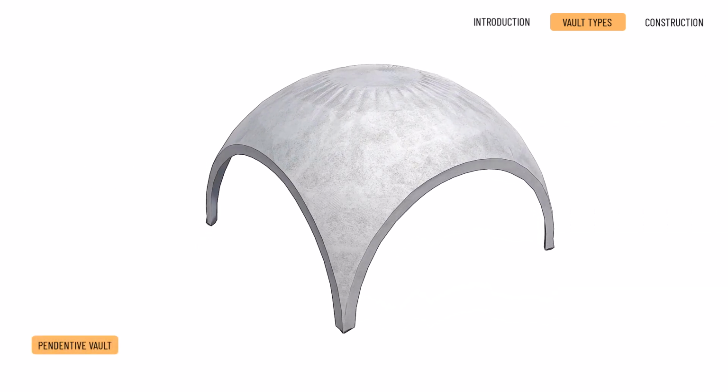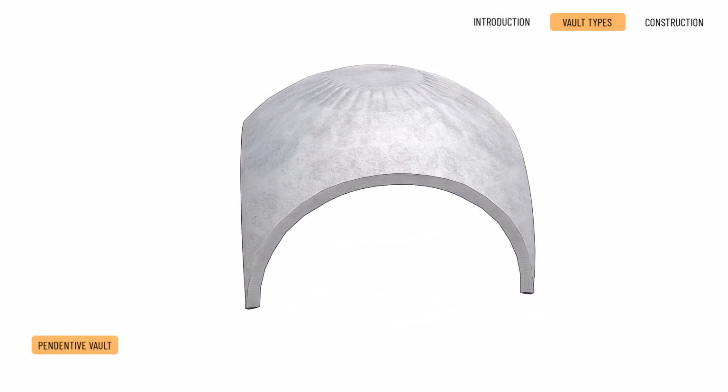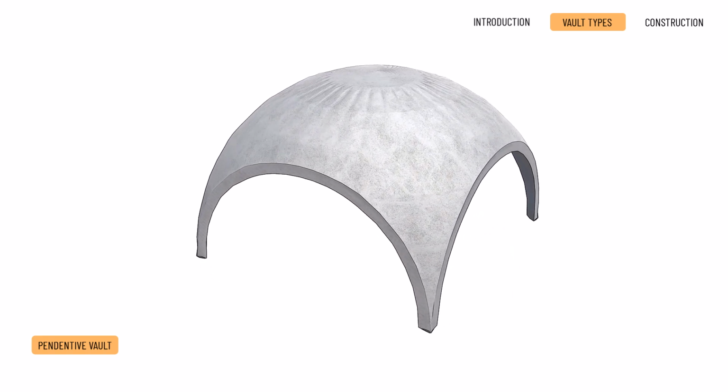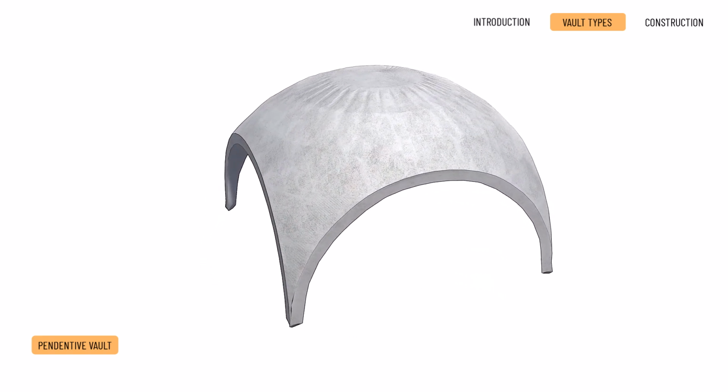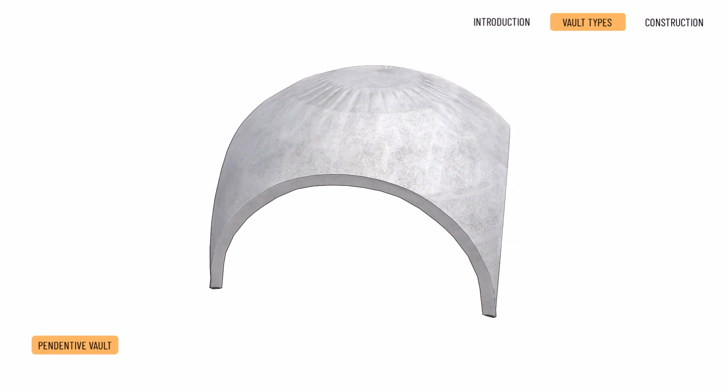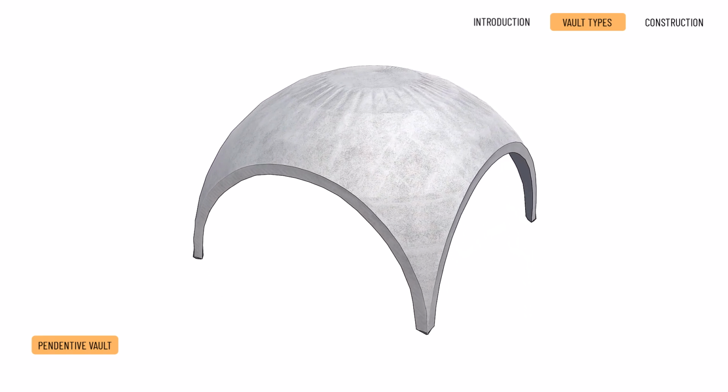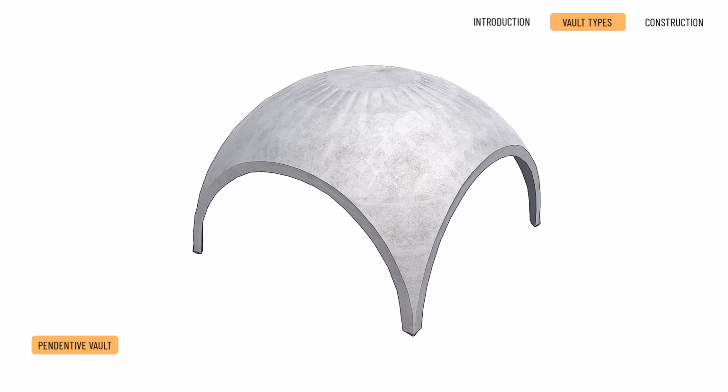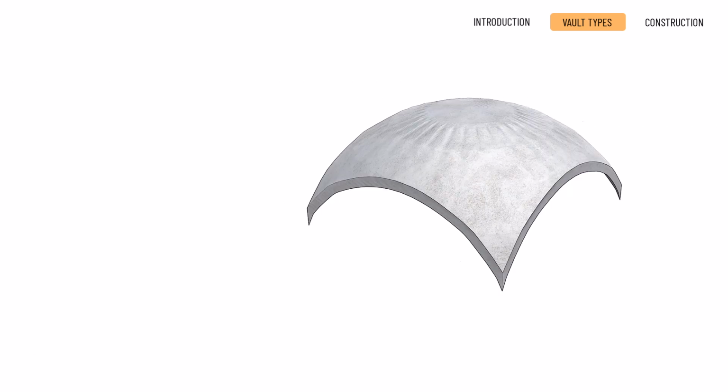Pendentive vault. A pendentive vault is a hemispherical dome that is raised above a circle drawn around a square, and then the parts outside the sides of the square are cut off with vertical planes set on the sides of the square. The resulting frontal arches are also semicircular. The pendentive vault is open and supported by pillars or columns at the corners.